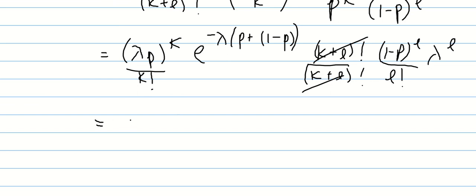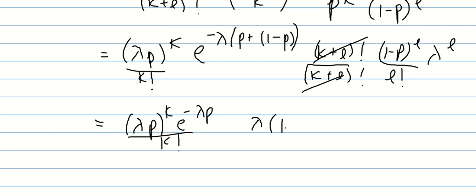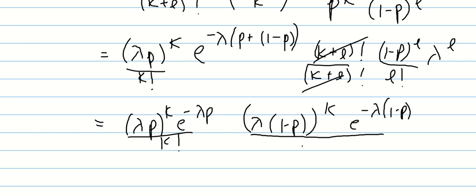And in the end we get the thing very well grouped. Lambda p to the k, e to the minus lambda p over k factorial, times lambda 1 minus p to the L, sorry, e to the minus lambda 1 minus p over L factorial. Is this correct?